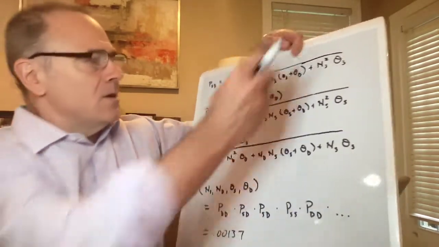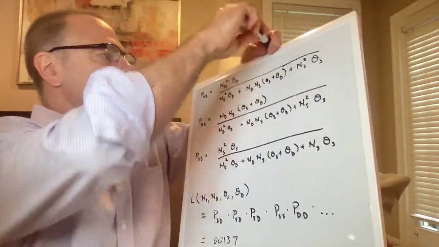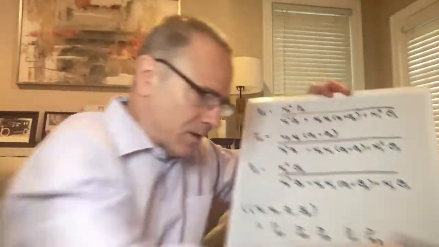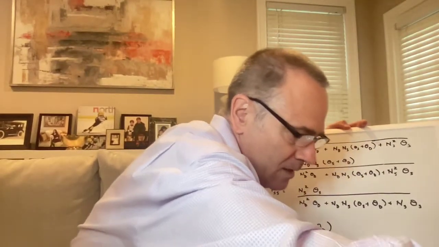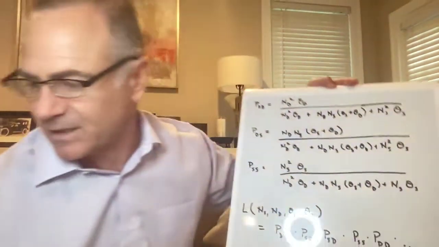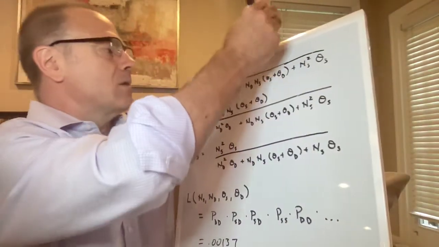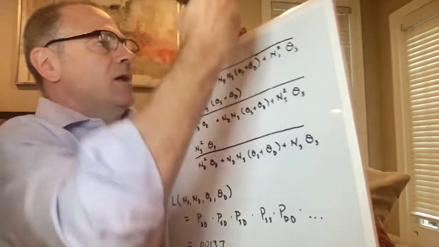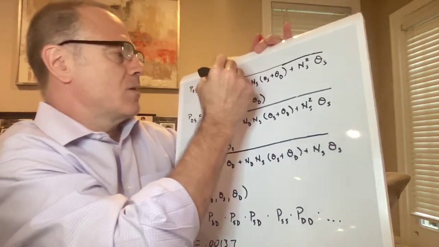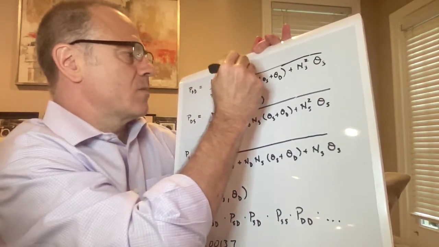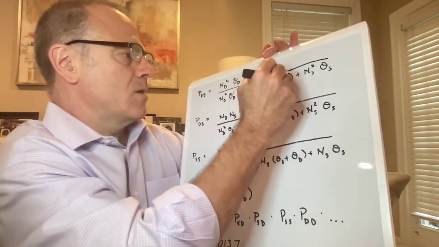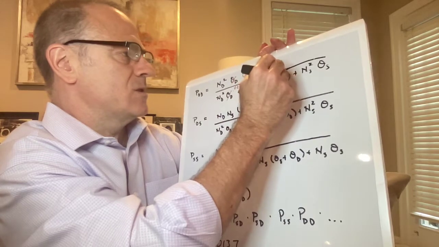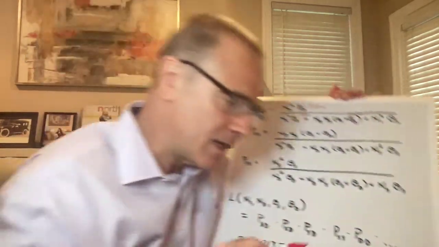And now let's put in theta D. Theta D was 0.026, and theta S was 0.004.